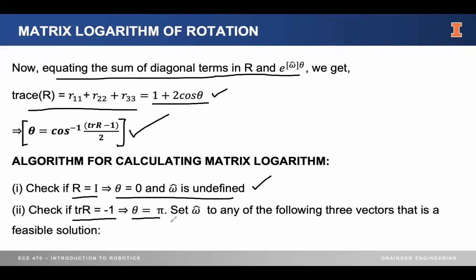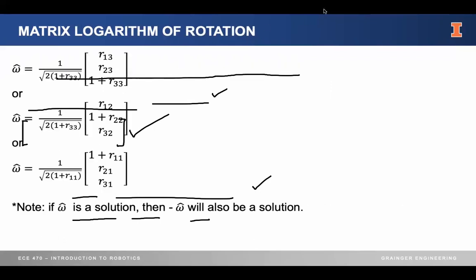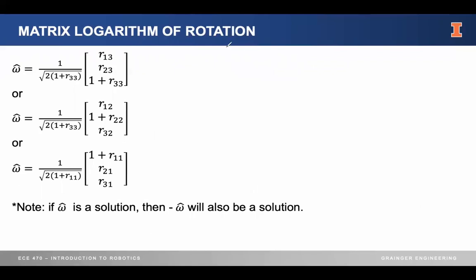In that case, we can set our omega hat to any of the following 3 vectors. That is a feasible solution. It is important to note that if omega hat is a solution, then minus omega hat will also be a solution.